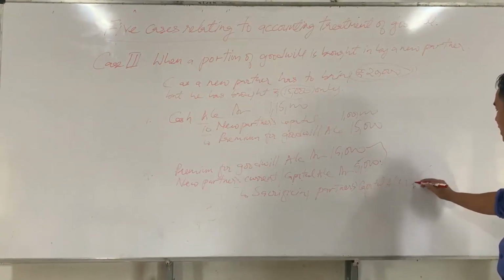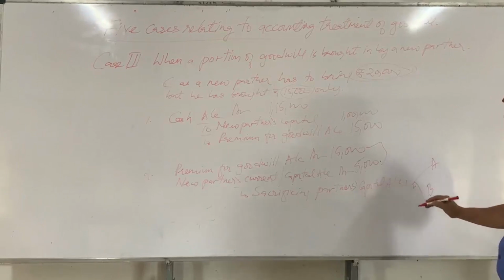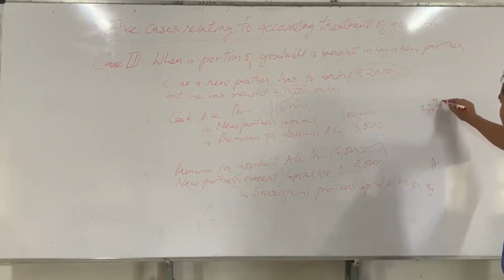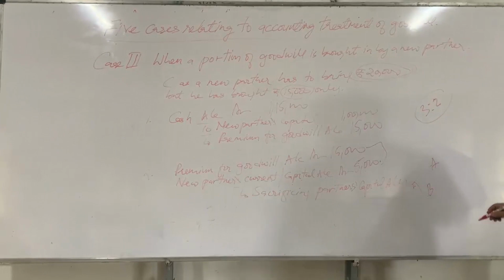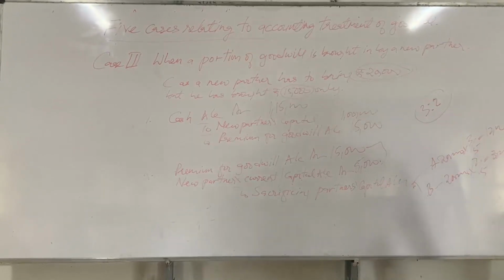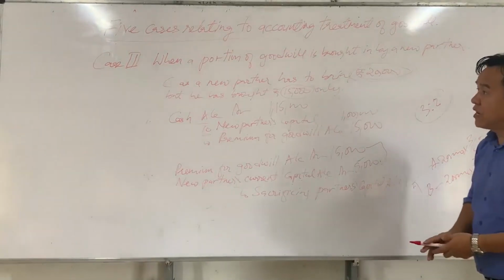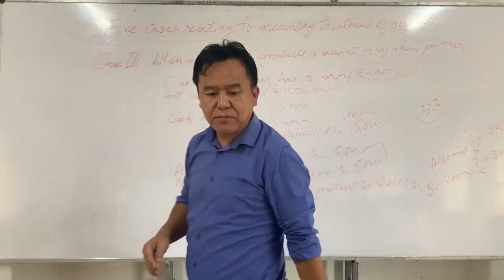Sacrificing partners. Suppose A and B are sacrificing partners, and the sacrificing ratio is, let's say, 3:2. So 20,000 should be transferred to A and B in the ratio 3:2, which is 3/5 of 20,000, how much do we get? 12,000, and 2/5 is 8,000. Is that clear for you? Okay, now we are going to do our case number 4.